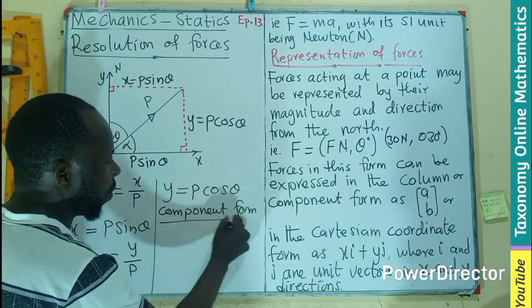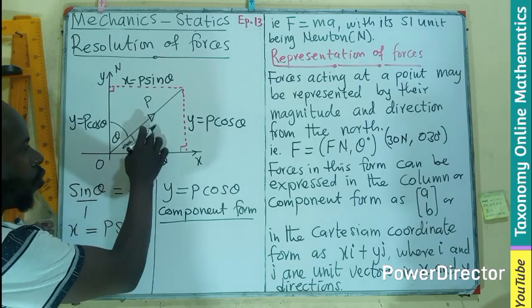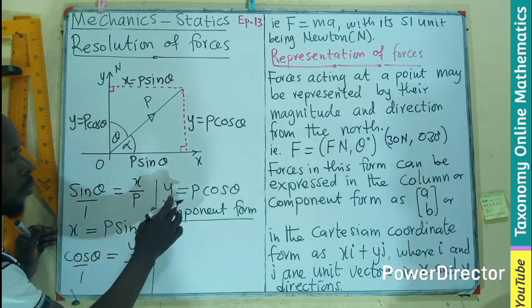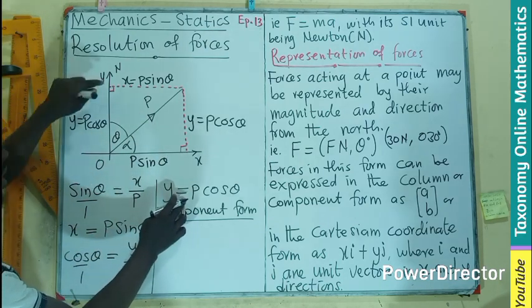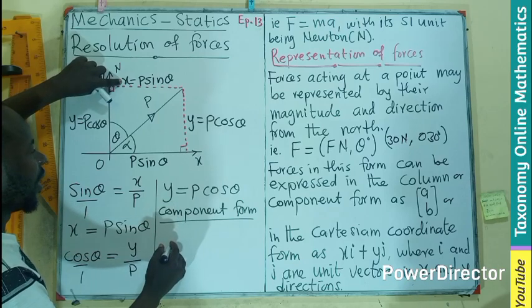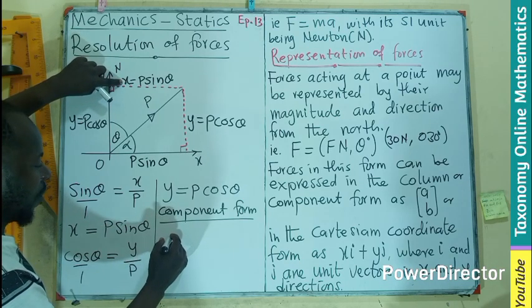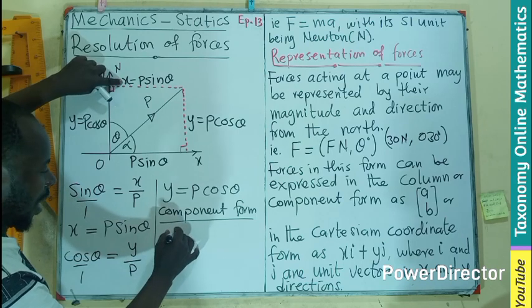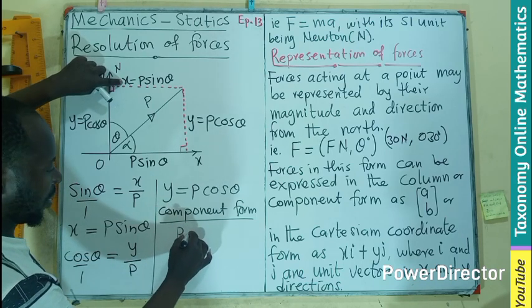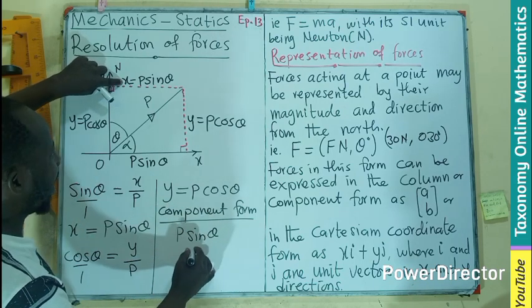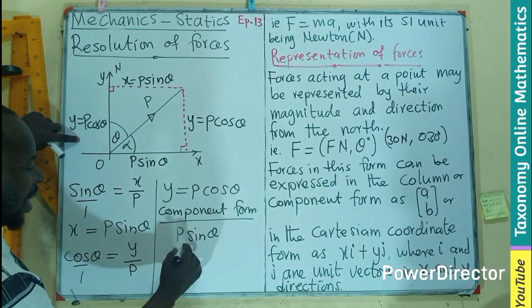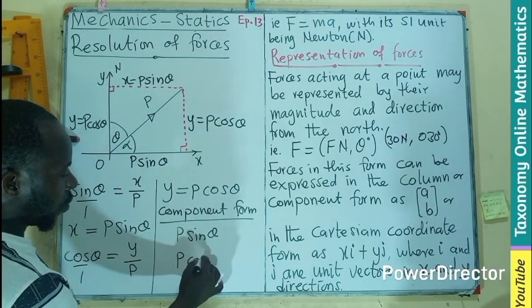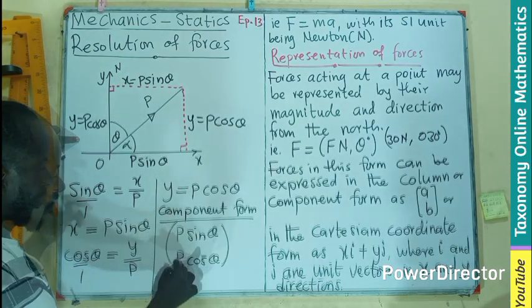Now if I want to resolve the force into the component form, or vector component form, I am going to have the x component. This is the x component, which gives the value P sine theta, then the y is P cos theta.